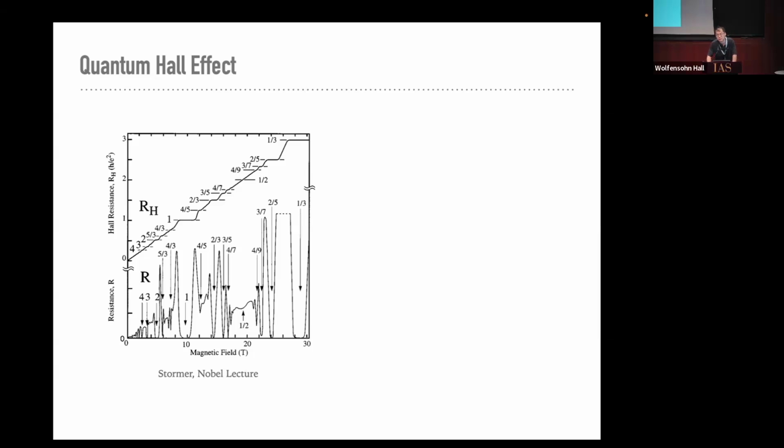And this is actually one of the very first examples of non-trivial topology in condensed matter systems. We also notice that you have to apply a very strong magnetic field, 10, 20, 30 Tesla, to really see this phenomenon. And in fact, the sample quality has to be really high. There's a reason why people spent so long developing high quality samples.